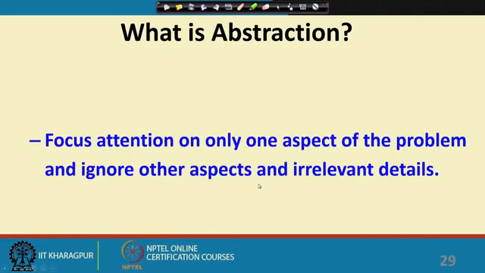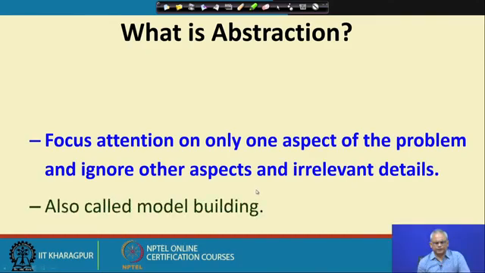In abstraction, we focus our attention only on some aspect of the problem and ignore the rest. This is also called model building. Let us say we want to develop a large building. Now, we want to see how it looks.